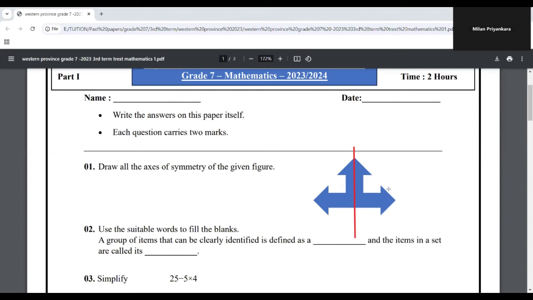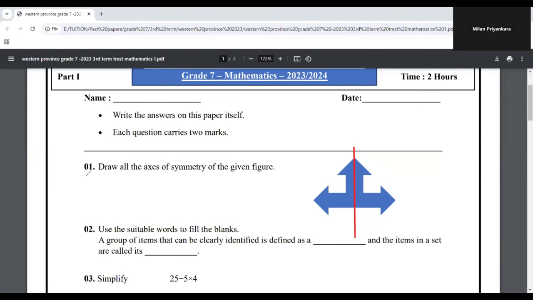Because if you draw an axis of symmetry, both sides of the shape on this line should be the same in shape and also size. Shape and size must be the same on either side of this line of symmetry. And this is the axis of symmetry.